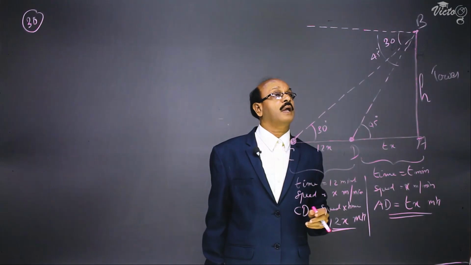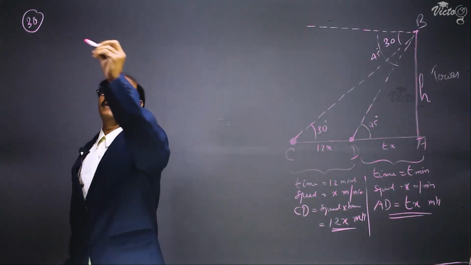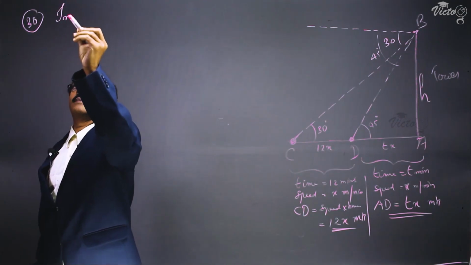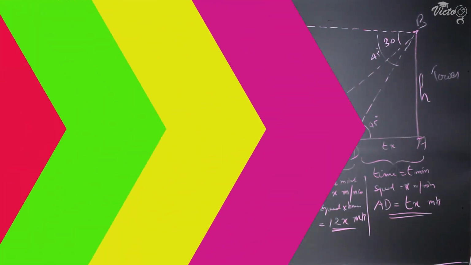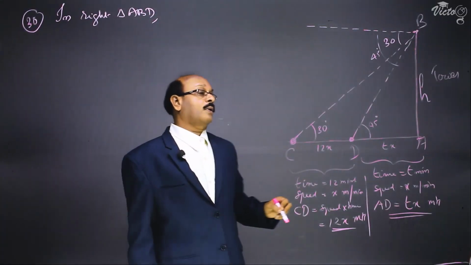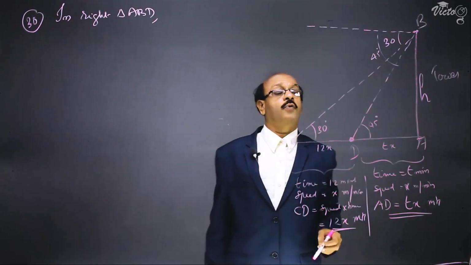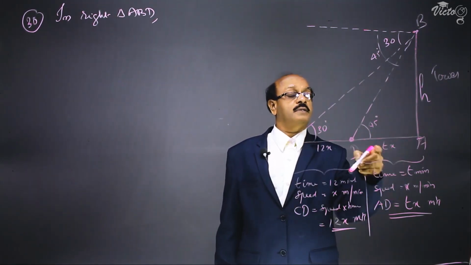In right triangle ABD, when we are considering the angle 45 degree, AB is the opposite side and AD is the adjacent side.